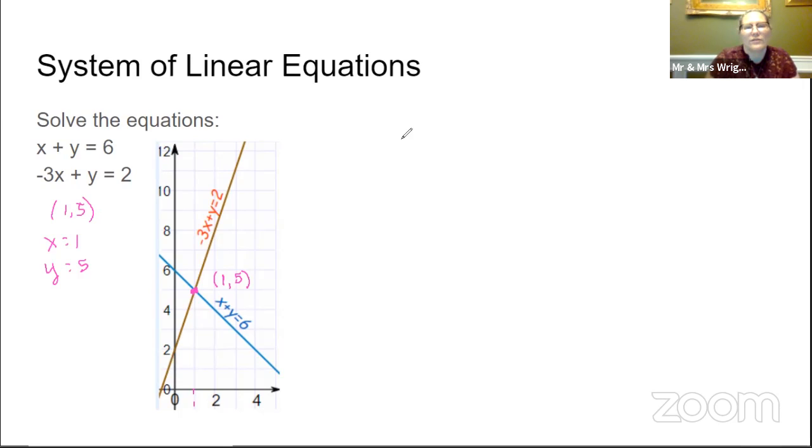So if we plug (1, 5) into this and see if they're true statements: 1 plus 5 equals 6, and negative 3 times 1 plus 5 equals 2. Let's see if these are true statements. 1 plus 5 is 6. That is definitely true.